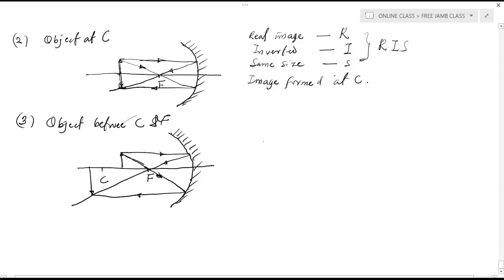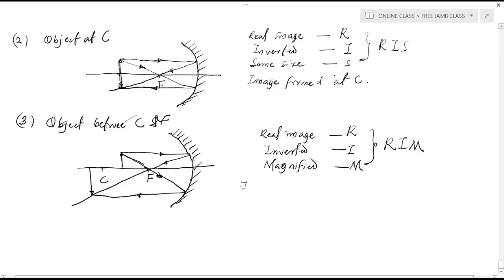So what is the implication? The image is still real, R, still inverted, I, but it's now magnified. Look at the object, look at the image. It is magnified, that is bigger.